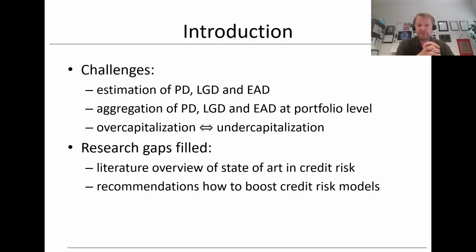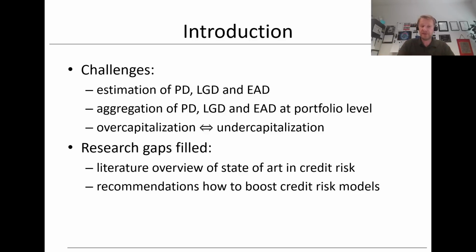All of this comes with two types of risks: overcapitalization and undercapitalization. Overcapitalization means that you have too much capital set aside. You're too well protected. So obviously, this is very costly with, at the individual bank level, a lower return on equity, and thus the accompanying risk of being competed out of the market, right?